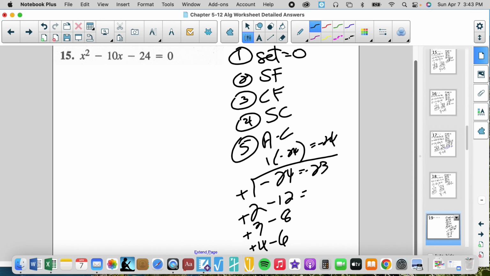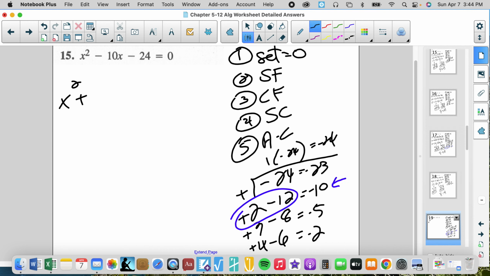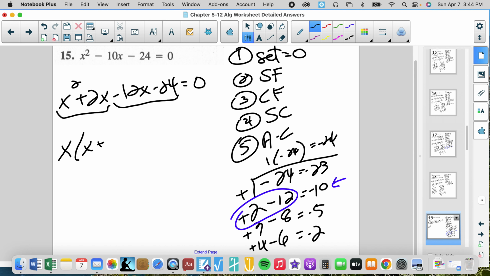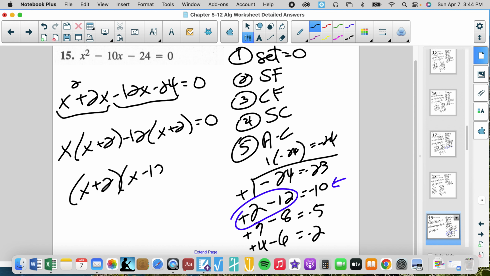So we're going to use 2 and negative 12, plus 2x minus 12x minus 24 equals 0. Factor out an x, factor out negative 12. We have x plus 2, x minus 12.